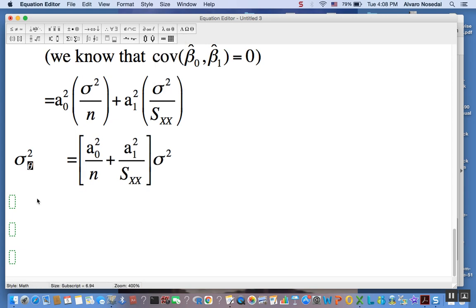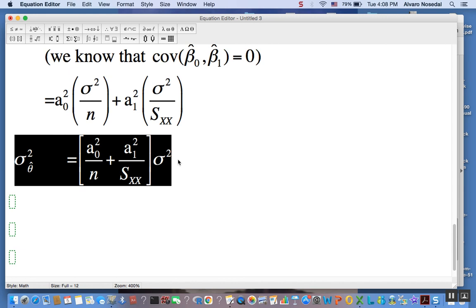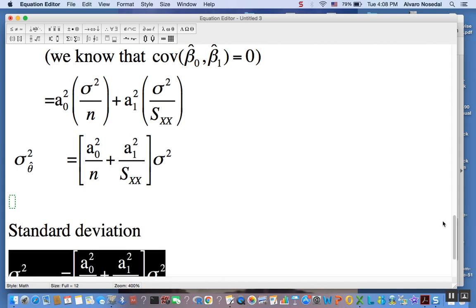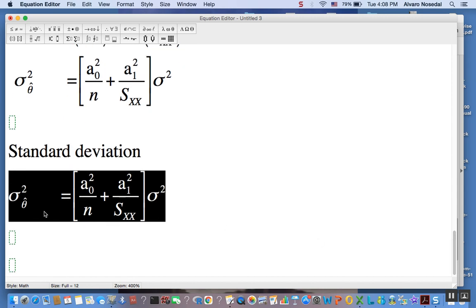Now let me find just the square root of that. That would be the standard deviation, just the square root of that quantity we just found.